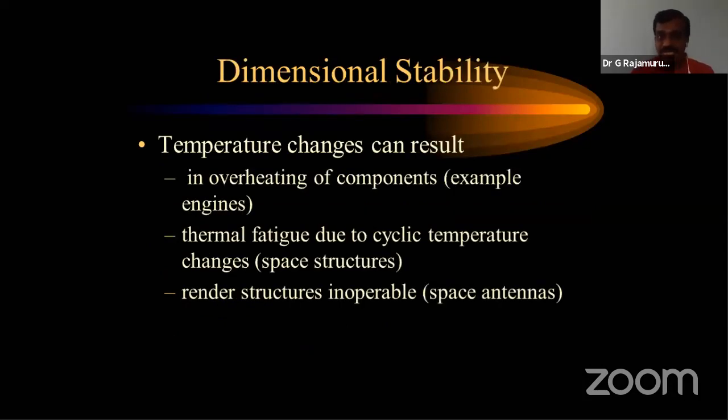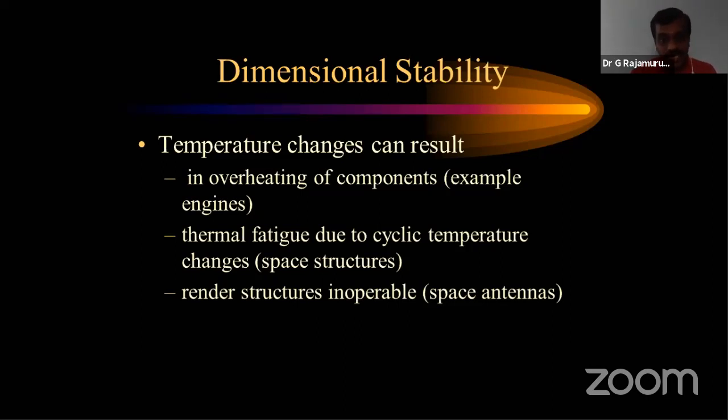And based upon the dimensional stability, it may withstand the temperature. So even if there is some increase in the atmospheric temperature, the structure should not deform. Okay, it should be stable enough.